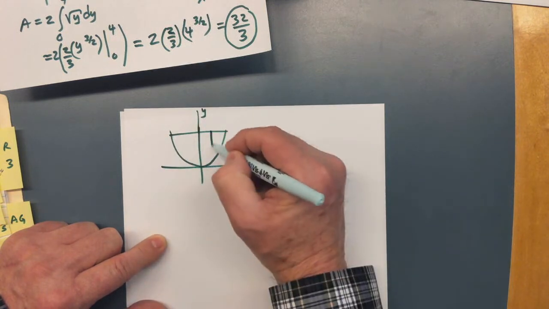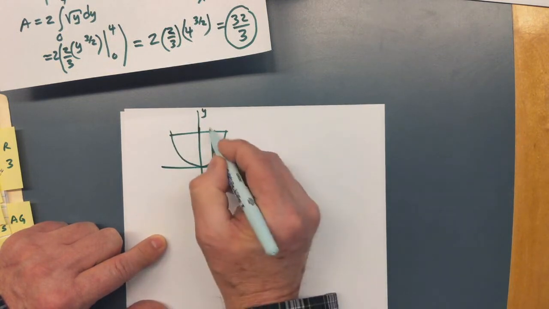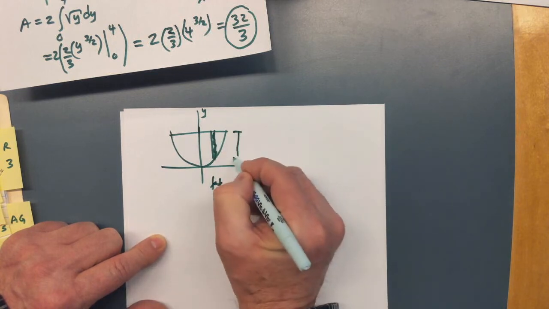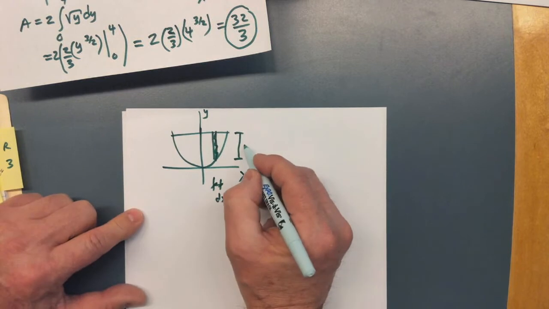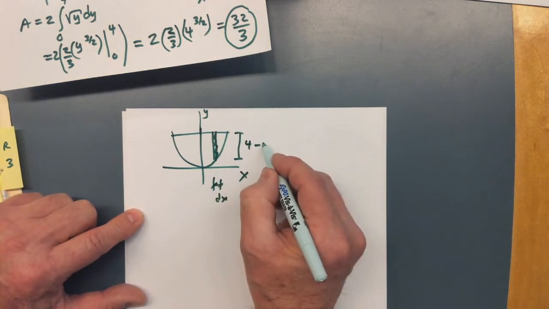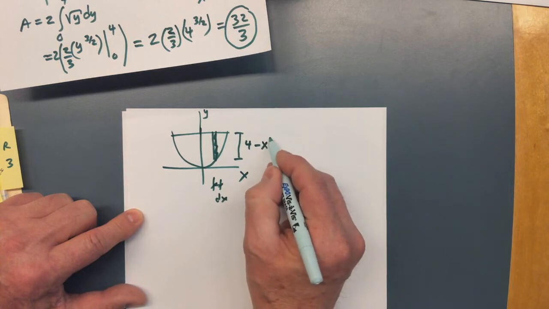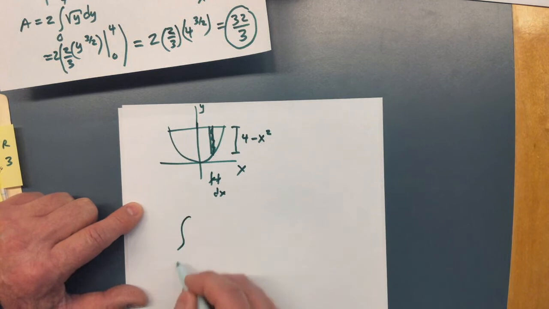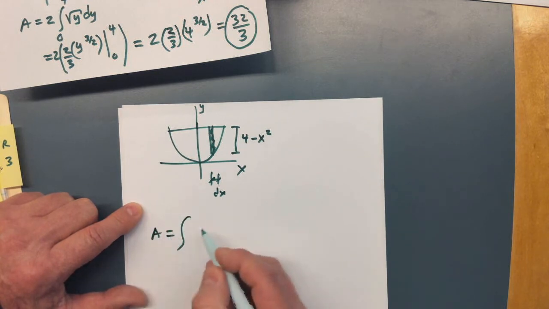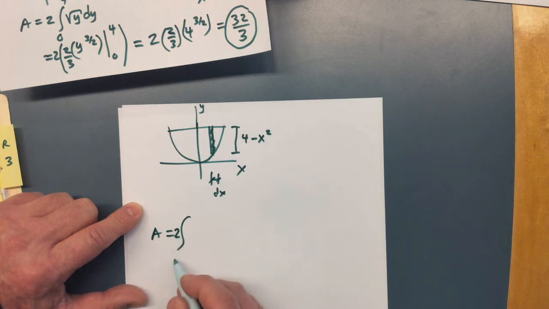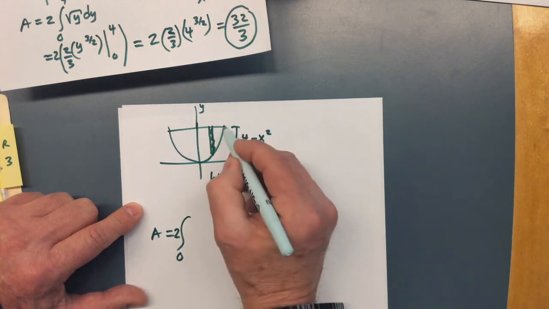So now we have a vertical strip with width dx. The height here would be 4 minus the value of y here, which is x squared. And then the integral for the area would be 2 times the integral from 0 to this value.